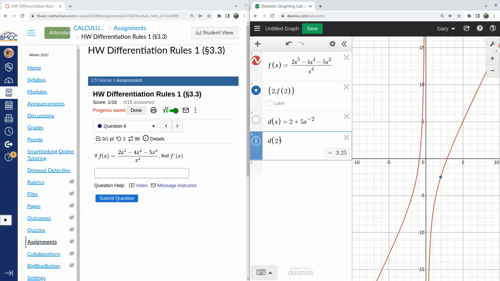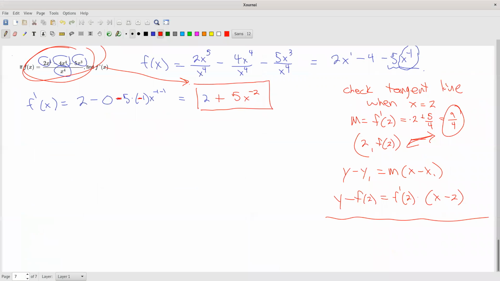Oh, did I make a miscalculation there? Oh, I did. I see what I did wrong. 2 squared would be 4, so 2 plus 5/4, which is 8/4 plus 5/4, is 13/4, which would be 3.25. Yeah, so I had a mistake right here. It's not a 9 there. It should be a 13/4 or 3.25. Yep. See, good thing I went to the calculator.